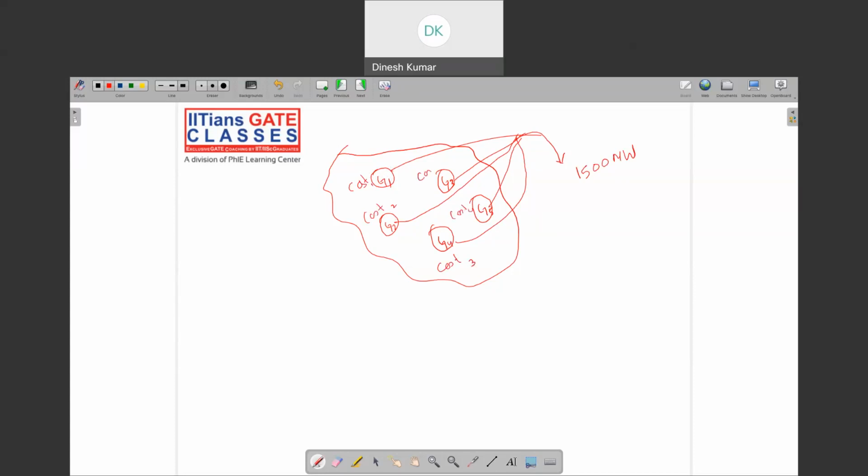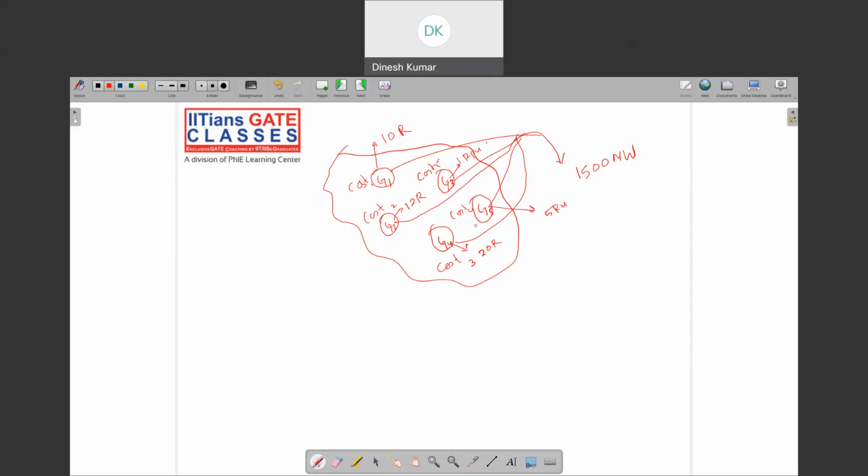Like for producing 1 megawatt of power, this one may require 10 rupees. Here it may require something like 12 rupees. Here it may take something like 20 rupees. Here it may take something like 5 rupees for producing 1 megawatt of power. Here it will take 1 rupee, assuming like this.